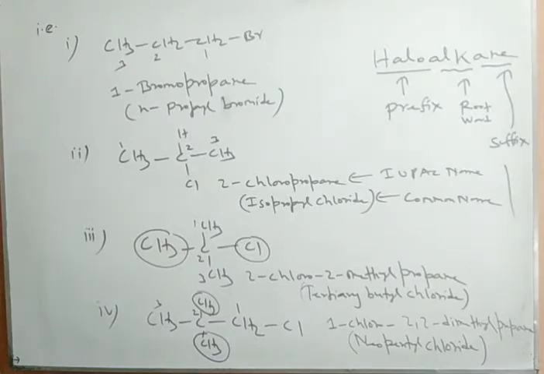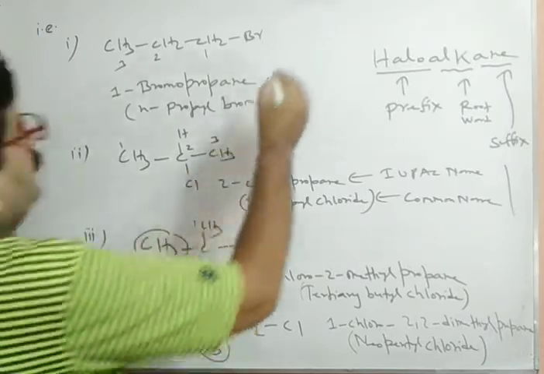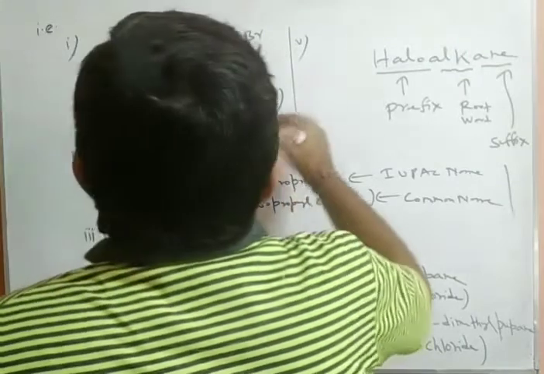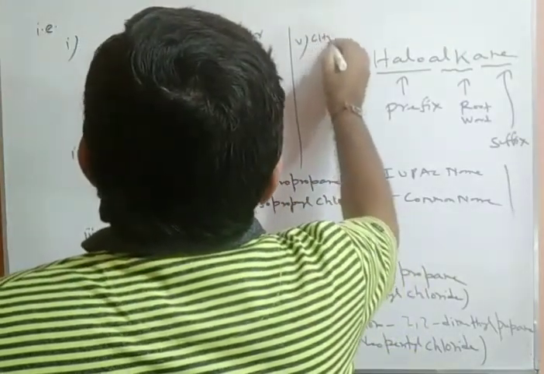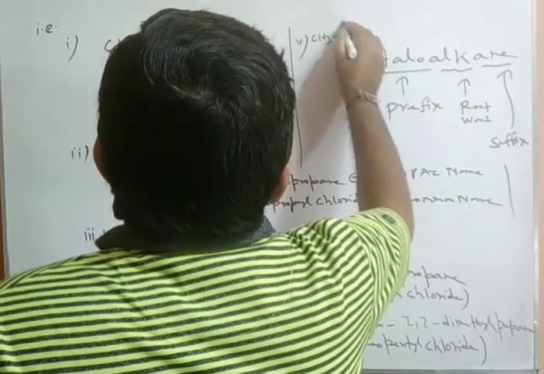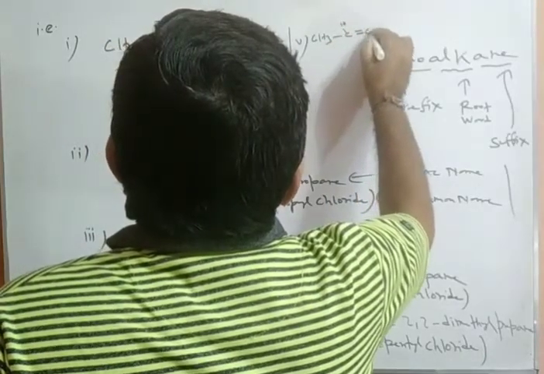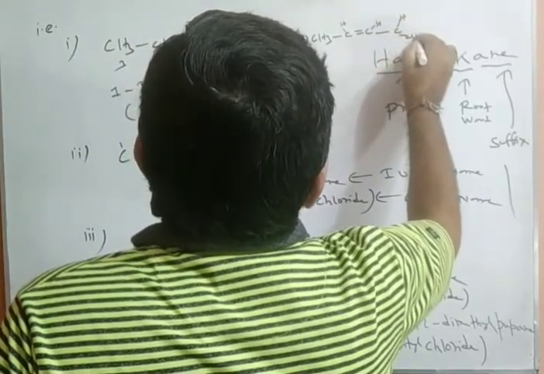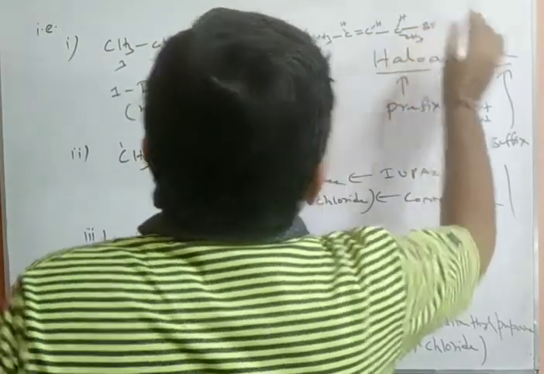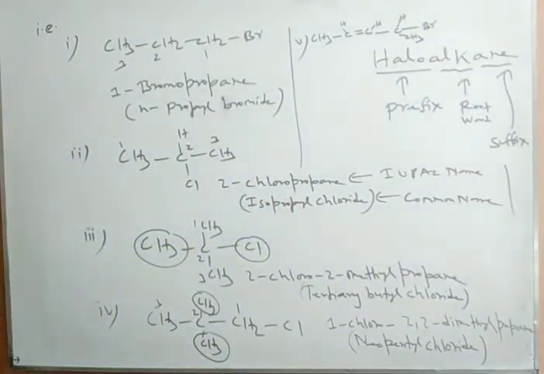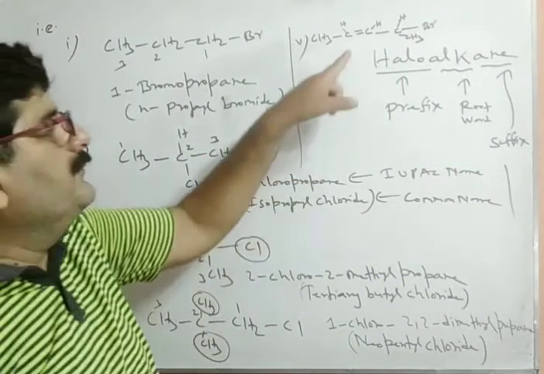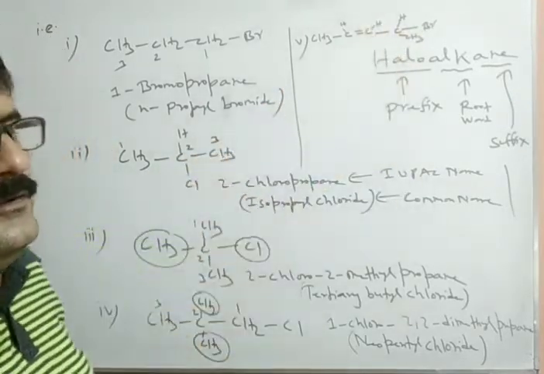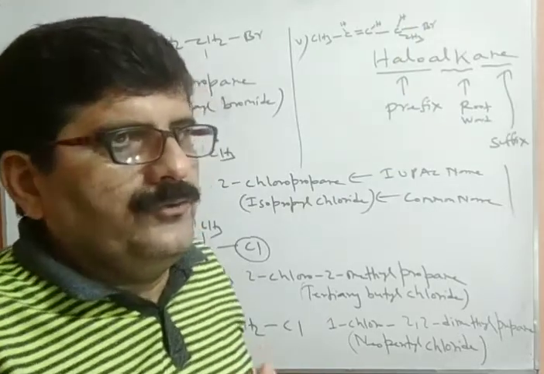Suppose you are given the fifth example. Here two types of functional group are present. The first functional group is the double bond and the second one is halogen. The double bond is always senior compared to halogen.